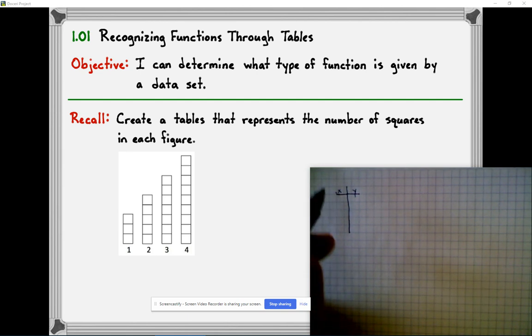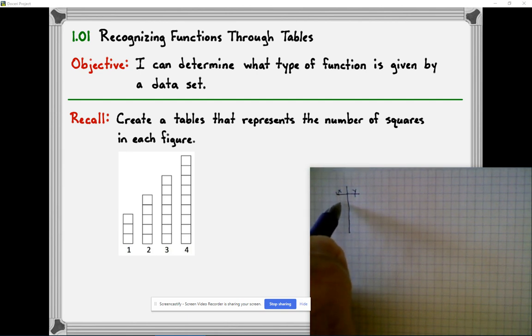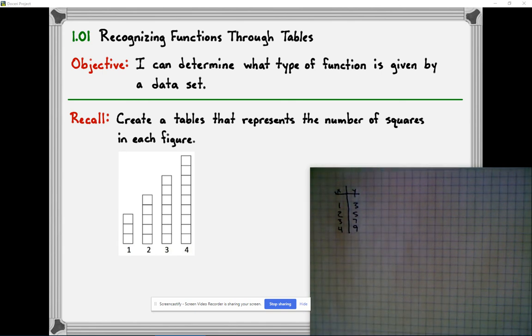So in the first step, I have 3 boxes. In the second step, I have 5 boxes. In the third step, I have 7 boxes. And in the fourth step, I have 9 boxes. So that is a table that was created based on the number of boxes in each step.